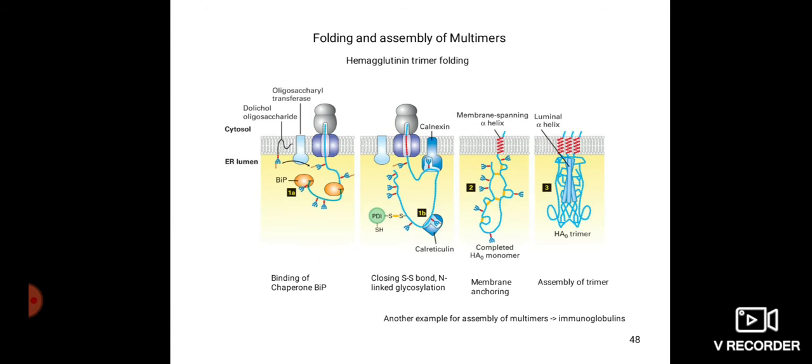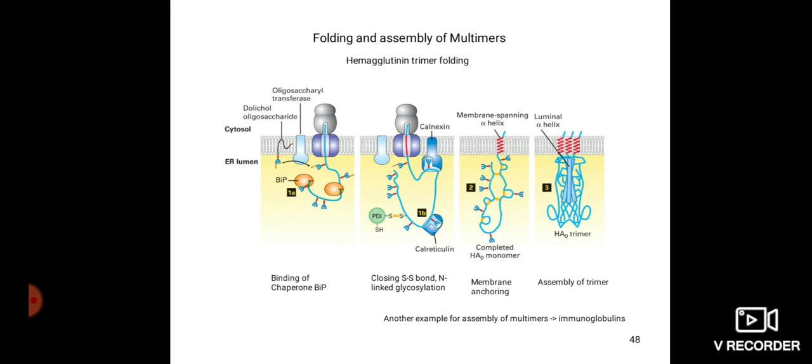Then once the folding of the particular protein is done, in case the protein is a multimeric protein, it needs to undergo multi-subunit arrangement. So this arrangement or assembly of the multimer is going to take place. It depends.